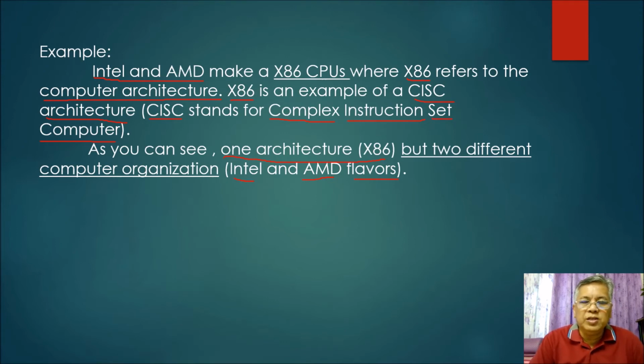But both of these companies use x86 architecture for each of the processors. So a dual core Intel processor has two processors with two x86 architectures, and AMD also has two processors with two x86 architectures, but they are interconnected differently.